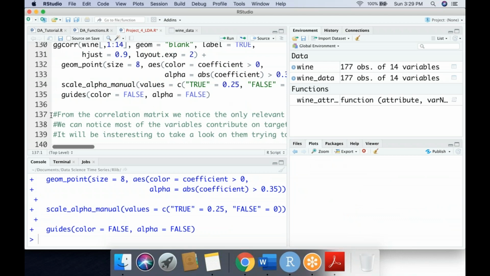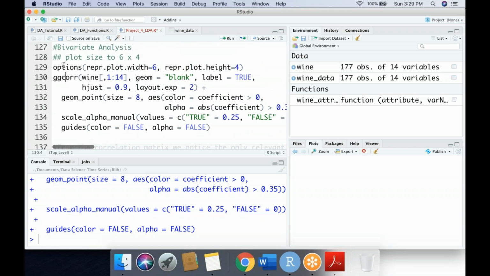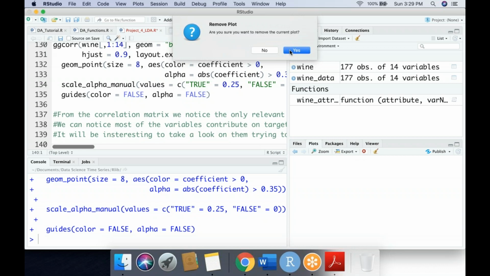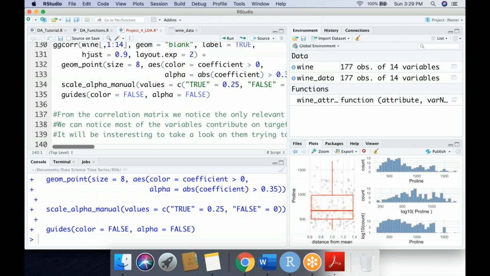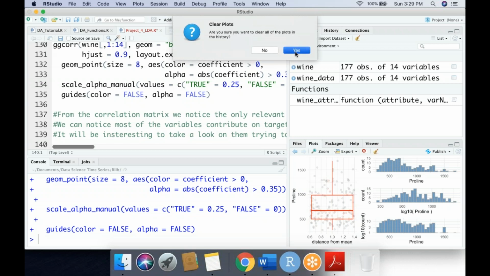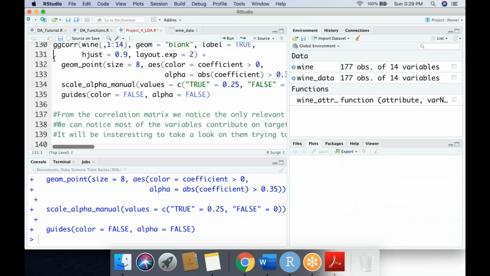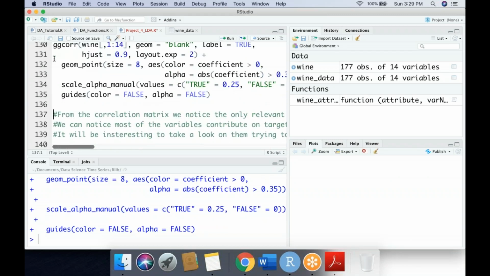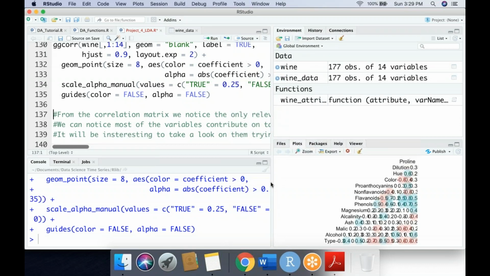And let us try to run this correlation matrix. What is the problem?